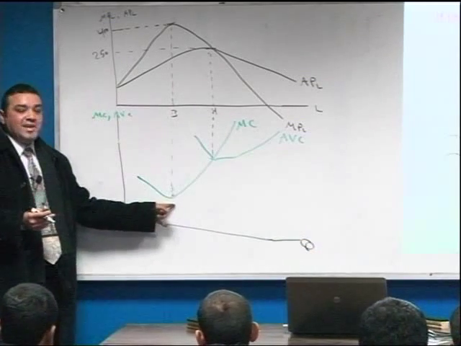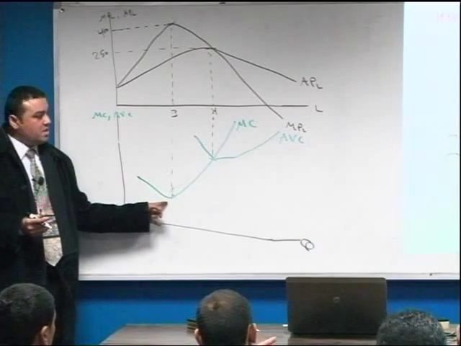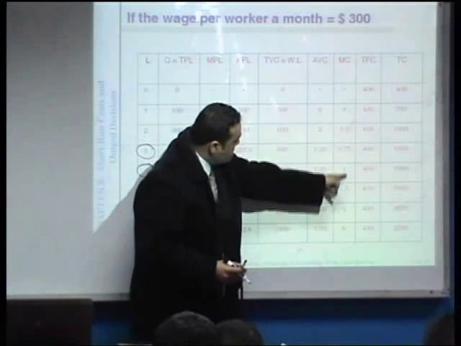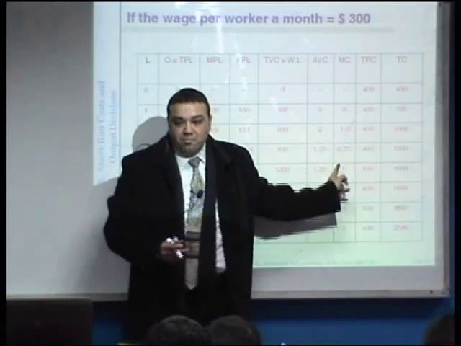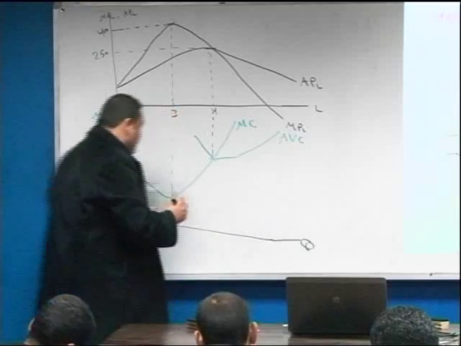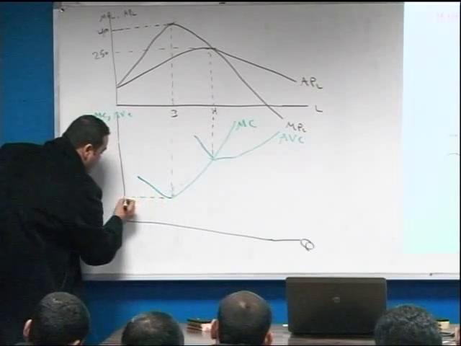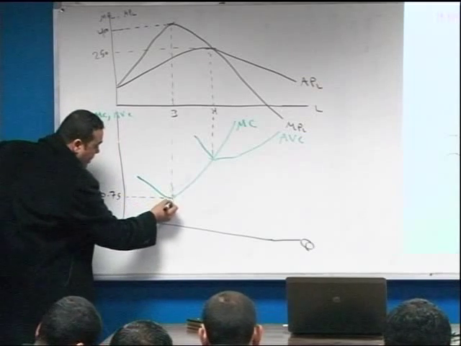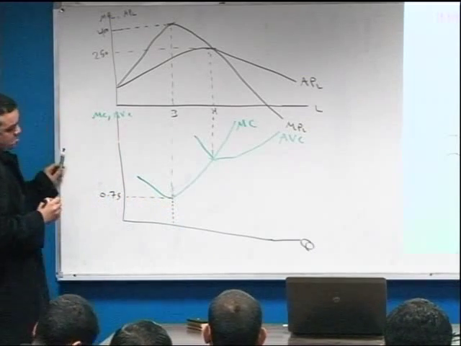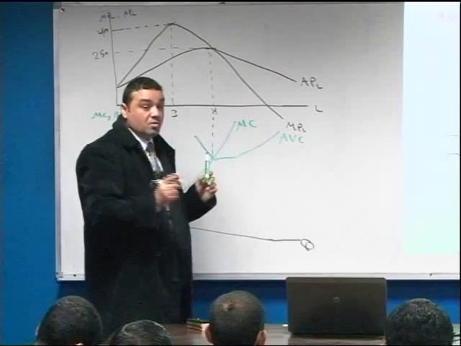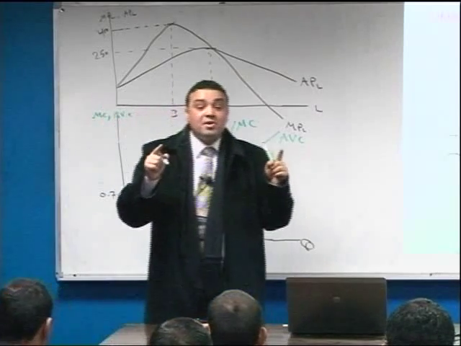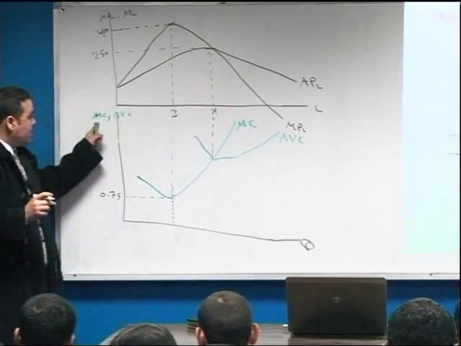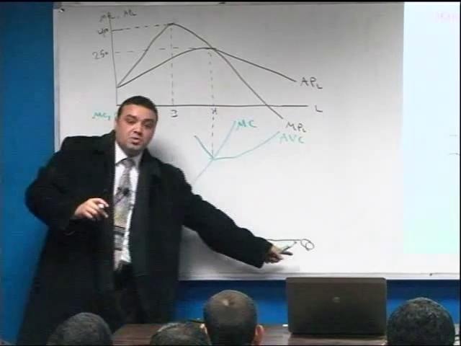Where is the minimum value of the marginal cost? In this column, the marginal cost is 0.75, and the quantity produced equals how much? When we talk about the cost, we talk about the relationship between the marginal cost, average cost and the quantity produced.